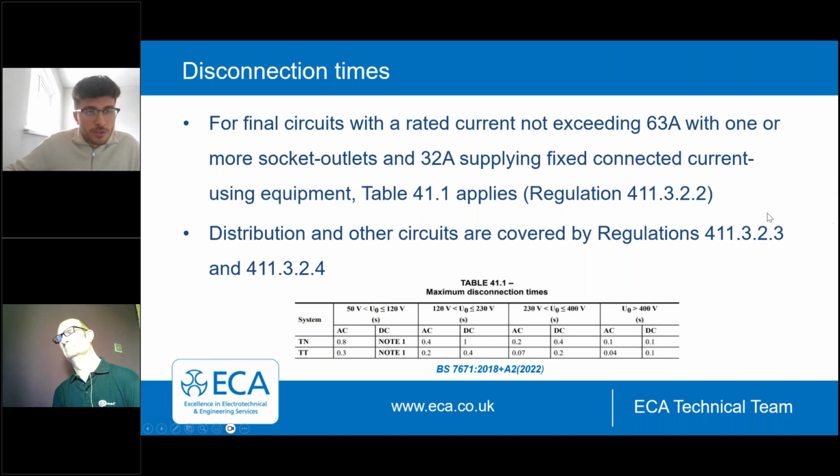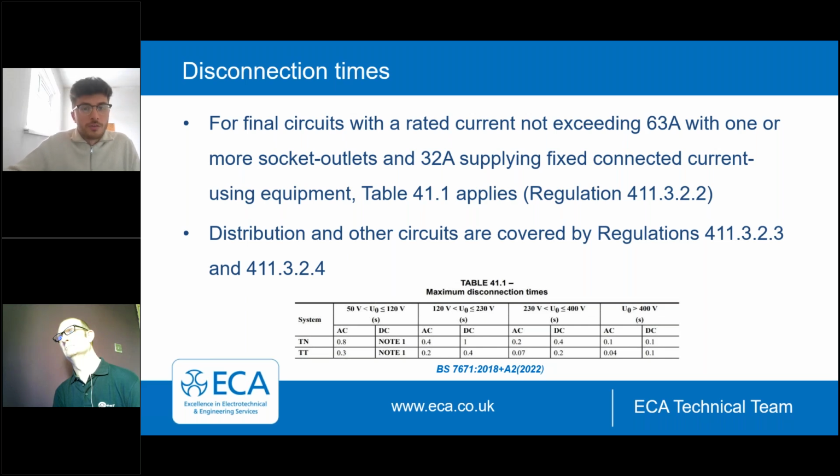Now the second bullet point on screen here covers the other types of circuits that are not covered by the first bullet point. So distribution circuits are covered, and other circuits, so maybe circuits that are fixed equipment of a larger load.